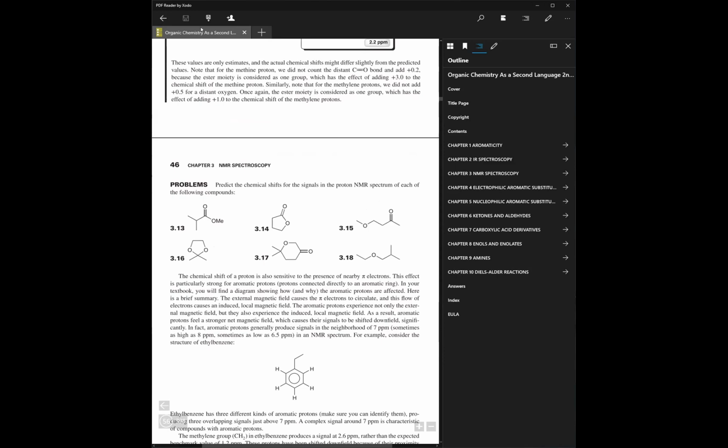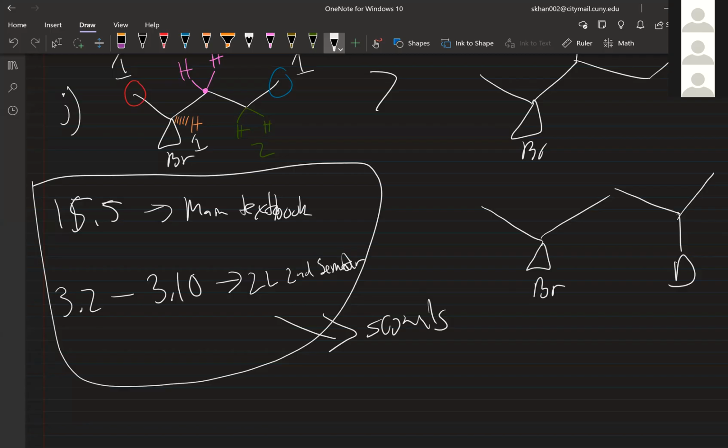But if you want to do the mathematical kind of questions there, I will share my screen here and just list out those questions in both the main textbook and the second language book. Give me a second, I gotta open up the main textbook here.